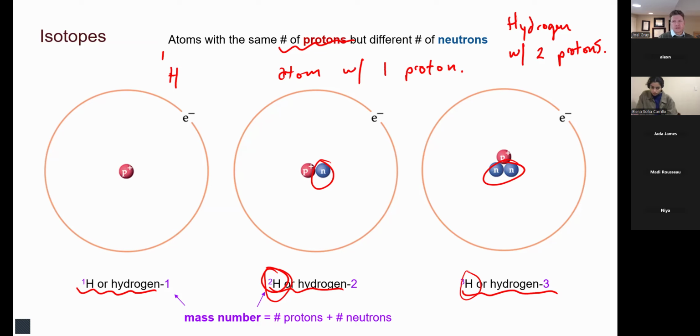Hydrogen-3 would be a hydrogen atom with a mass of three: one proton, two neutrons. I always think about this like if I were to go to the grocery store and get a bunch of double stuffed Oreos.